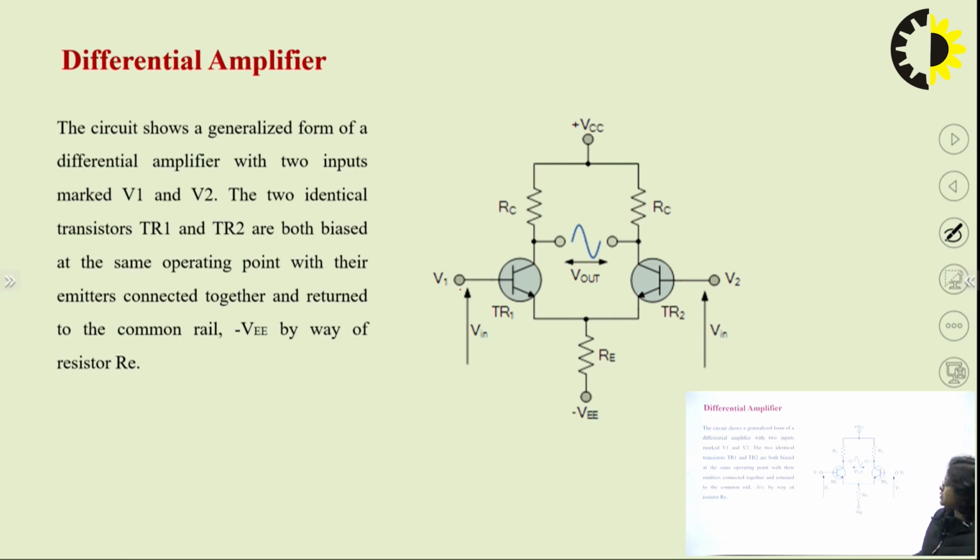Emitter is common with a supply grounded or minus VE, and the collector is connected through RC to VCC. So when we apply input at the V1 and V2 terminals, the output is nothing but the gain of the amplifier multiplied by V1 minus V2.